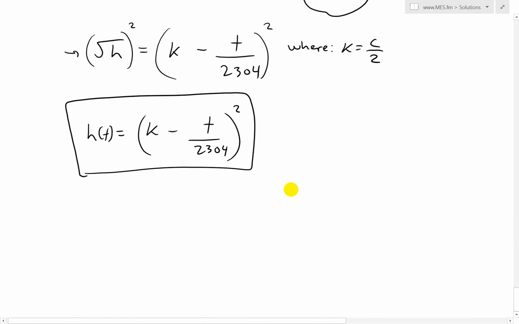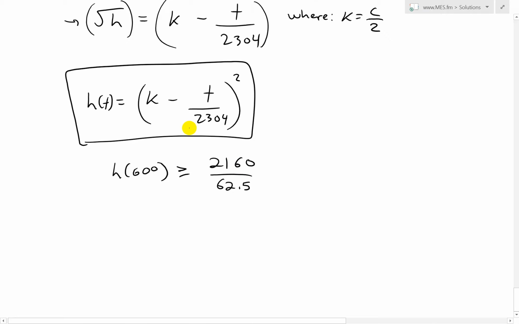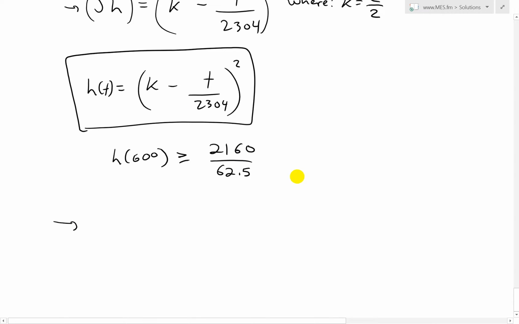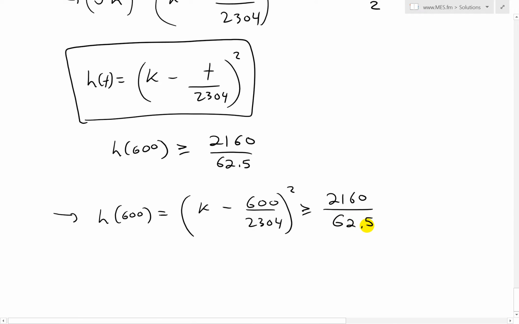So we know that h of 600 is greater than or equal to 2160 divided by 62.5. So let's plug that inside. So we get h of 600, which equals, plug this inside, k minus 600 (that's t) over 2304, all squared, has to be greater than or equal to 2160 over 62.5.